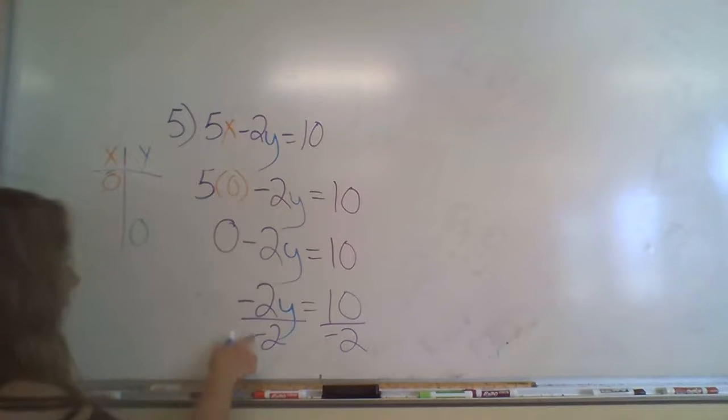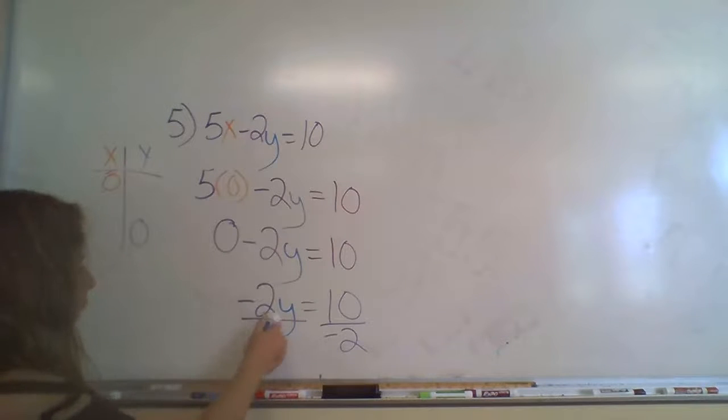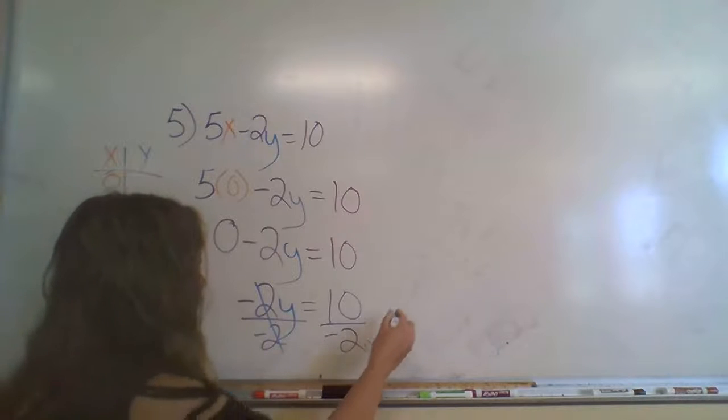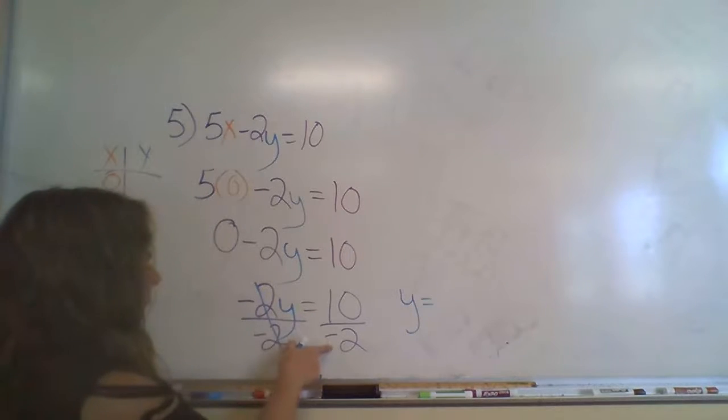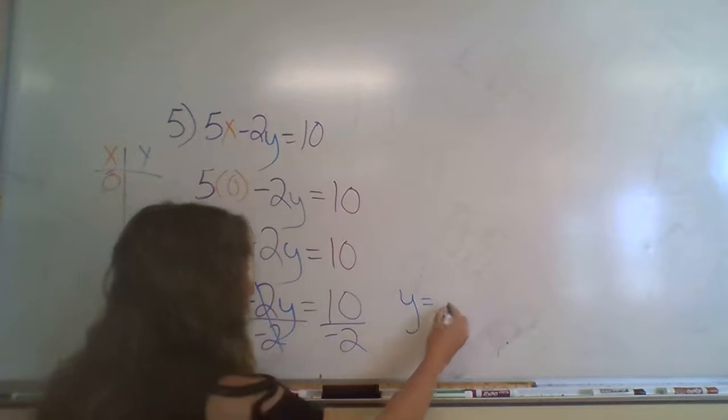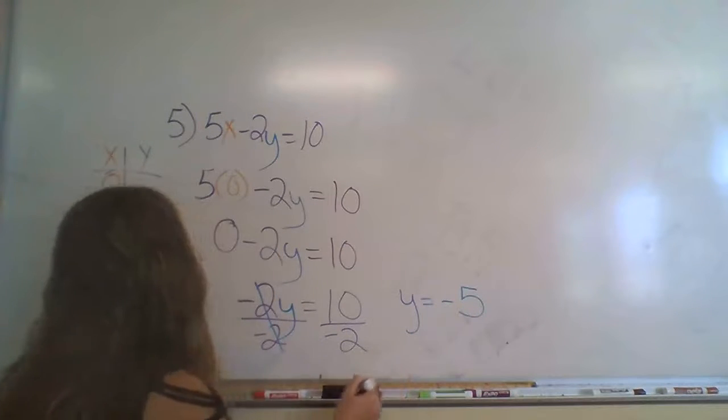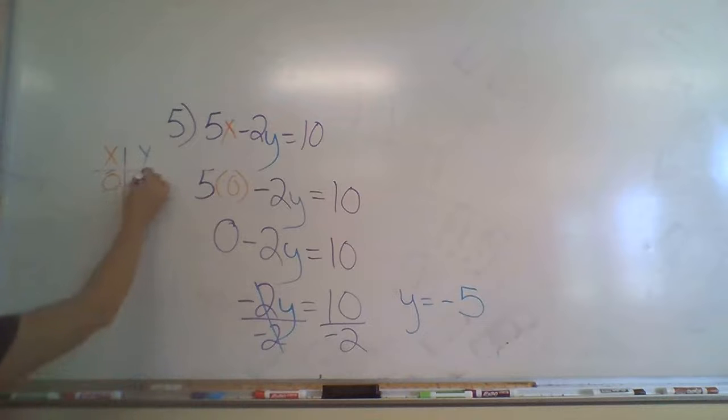Negative 2 divided by negative 2 is 1, and 1 times y is just y. So those cancel. You're left with y equals 10 divided by negative 2, which is negative 5. So that would be your y-intercept. If you want to write it as a point, 0, negative 5.